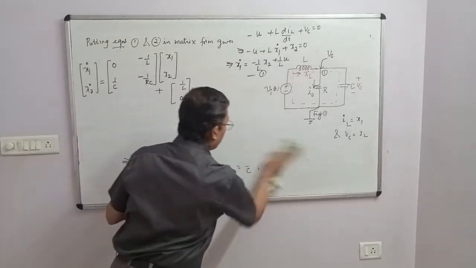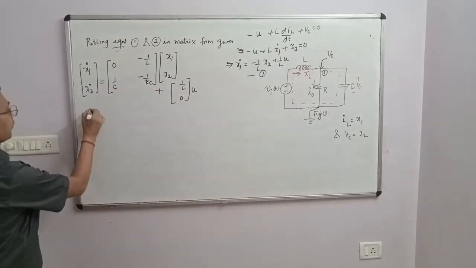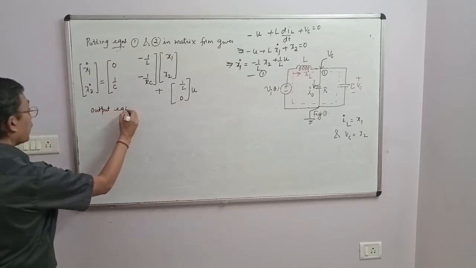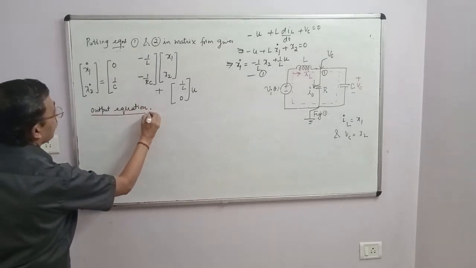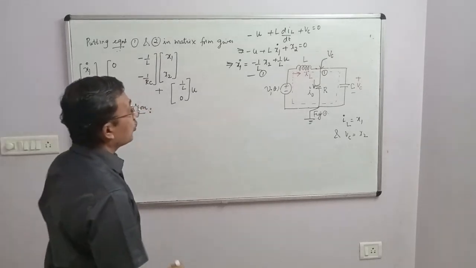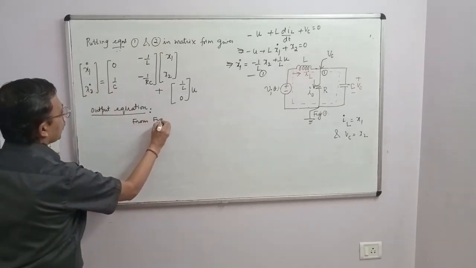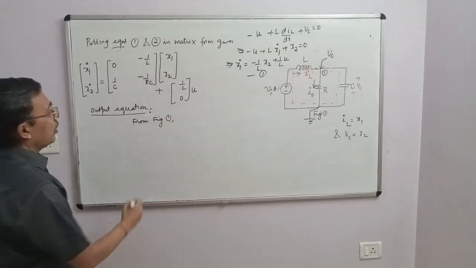Next, output equation. I naught is the output from figure 1. What is I naught?